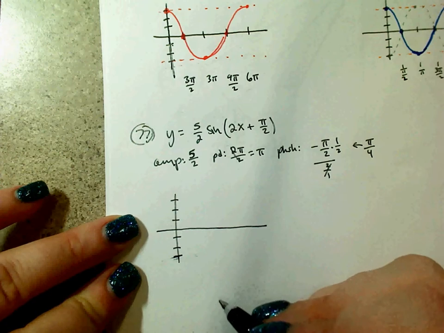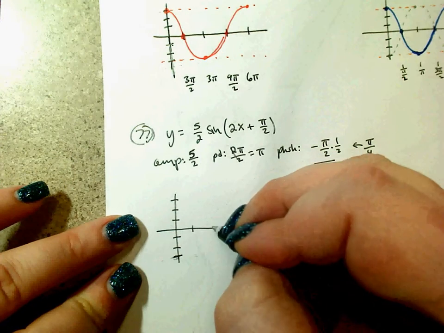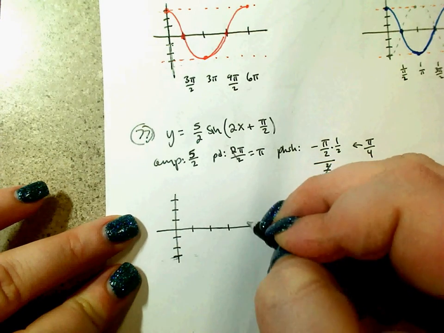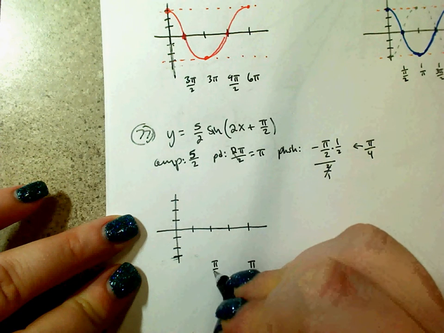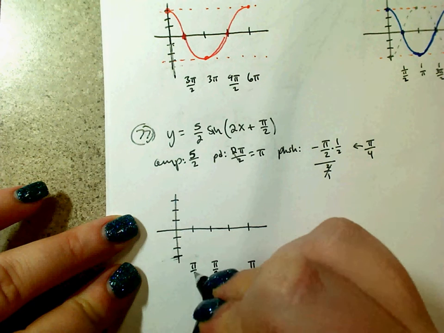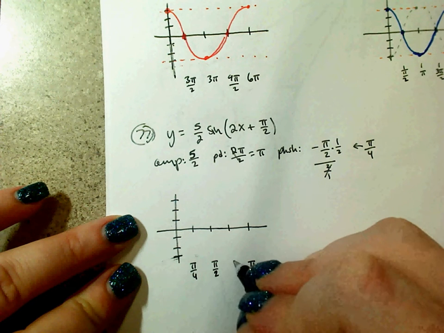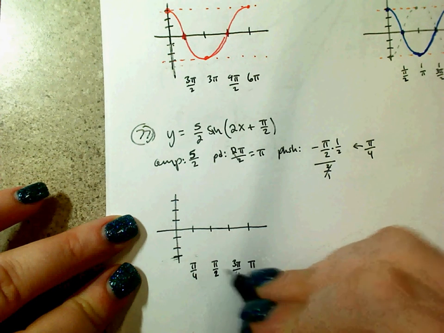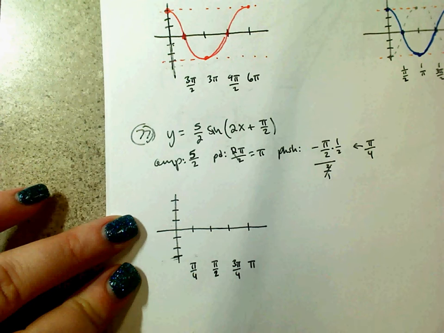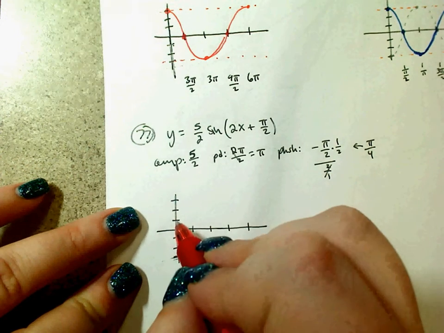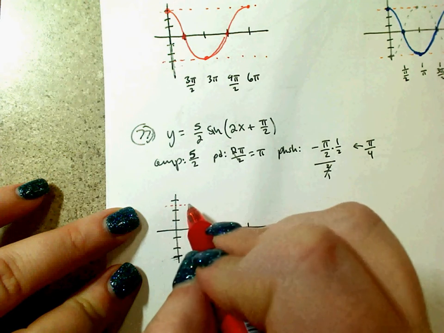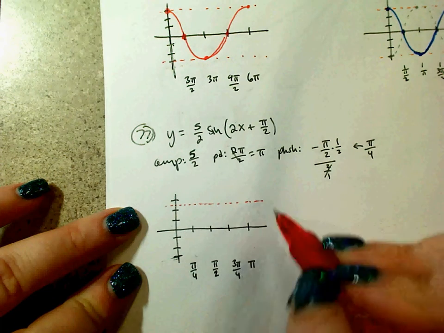Period is pi, so I'm going to go 1, 2, 4 tick marks, and let the last one be pi, which makes this a half pi, which makes that 1/4 pi. 1/4 is 2/4, that's 3/4 right there. Once you get the first tick mark, you just count it up. Okay, the amplitude is 5/2, which means go up 2.5 and down 2.5.